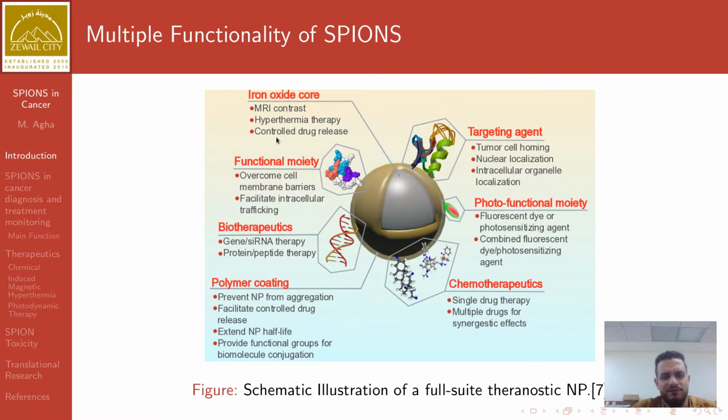We can have biotherapeutics, we can have polymer coating, we can have chemotherapeutics, we can have photofunctional moieties, we can have targeting moieties. Well, it depends on the kind of targeting that we need to do, the kind of cancer cells, or whether or not we are doing it for cancer cells, or like this is a basic principle which can then be applied to other fields as well.